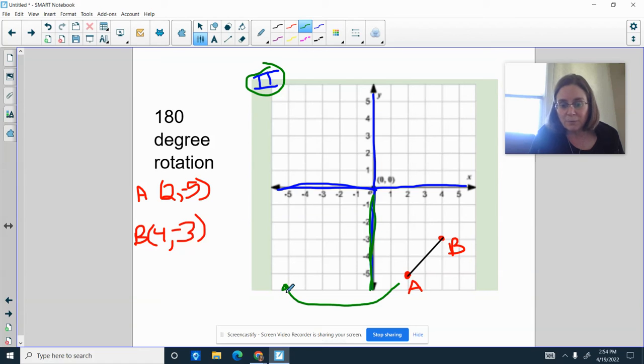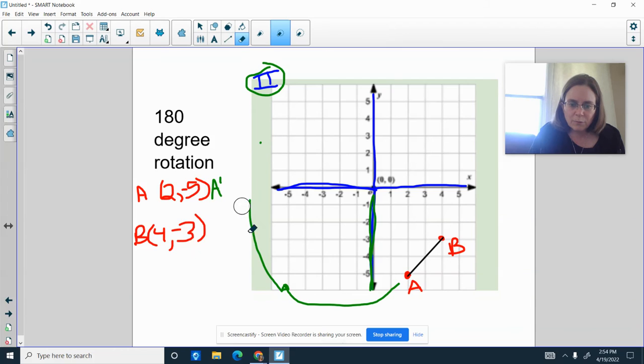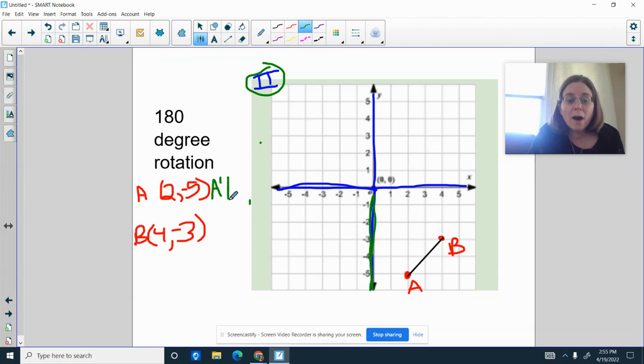But I don't want to stop there because I want to go 180, another 90 degrees. They flip-flop back. So A prime actually has the numbers in exactly the same order that they start. It's just that your signs are different depending on what quadrant you're in.